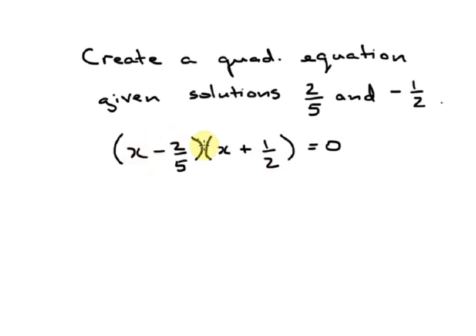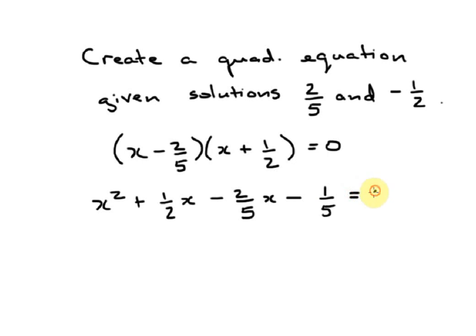Okay, now I'm going to expand out the brackets. So I would have x squared and then plus 1/2 x minus 2/5 x. And finally minus, now this would be 2 over 10. I'm going to reduce that down to 1/5.